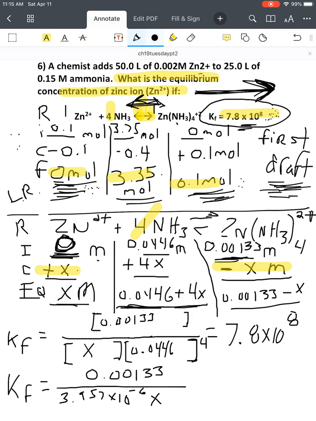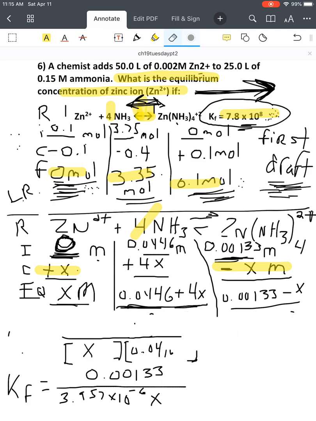I multiply that by the x, and that's got to equal my Kf, doesn't it? So to clean this all up then a little bit, I'm going to have to make myself a little bit more space here. I'm running out of space. I think I'm going to erase this one and start working above mathematically.